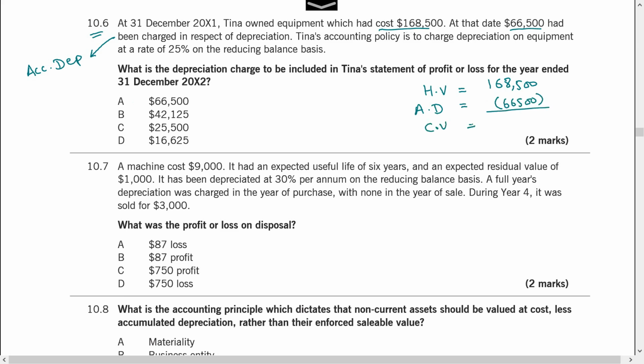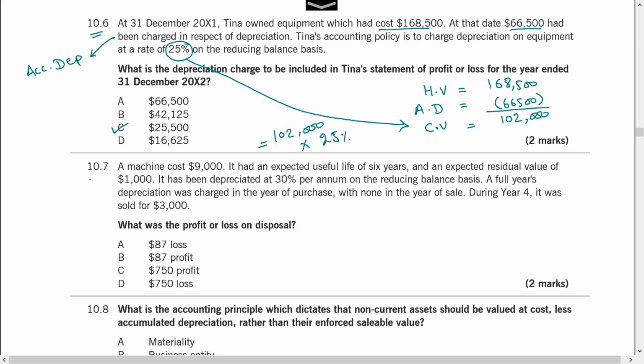As a result, we will get our carrying value of this asset, which will be 102,000, and we will take depreciation charge of 25% on this amount. So the 25% of 102,000 will be 25,500, and it is the correct option.